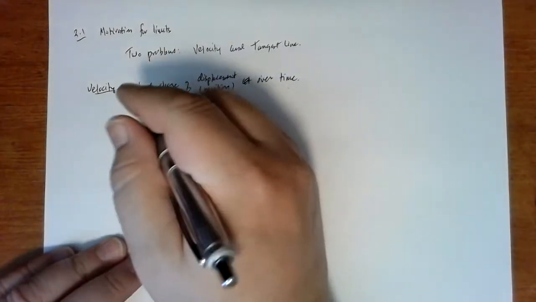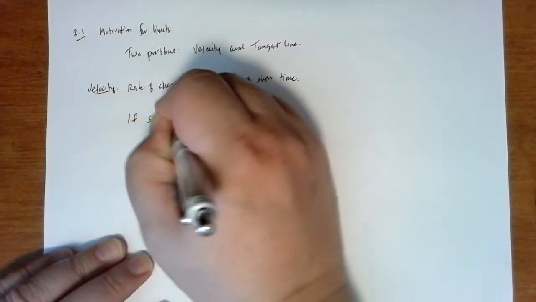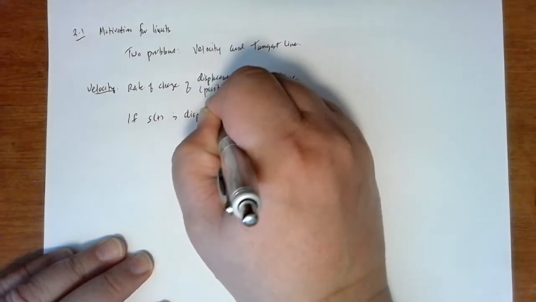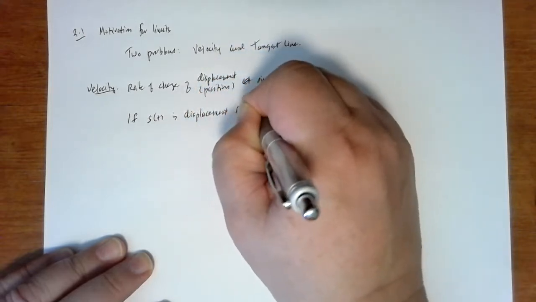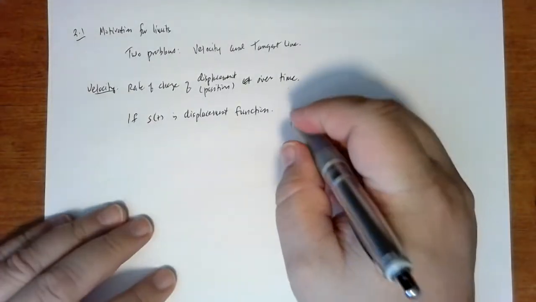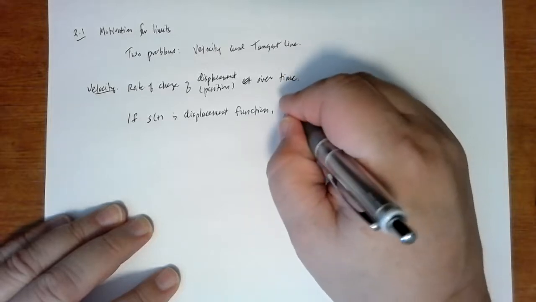Okay, to be more specific, if s of t is the displacement function, telling you where you are at time t, then we can write the average velocity.